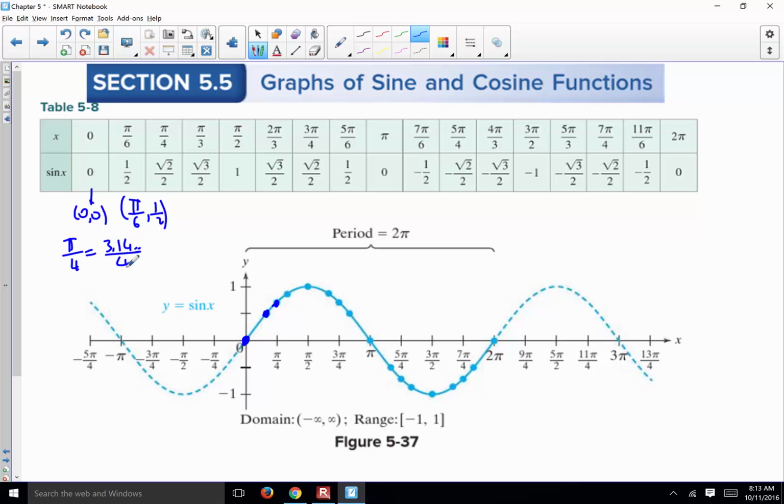You divide it into 4 pieces, so you get about 0.76. So this is about 0.76. This is about 1.5. This is about 3.14. That's how they measured. This is about 6.28, 2 pi. You just take a ruler and go 6 units, okay?